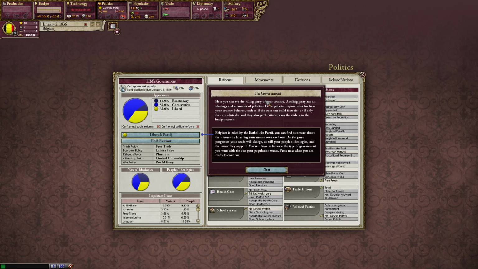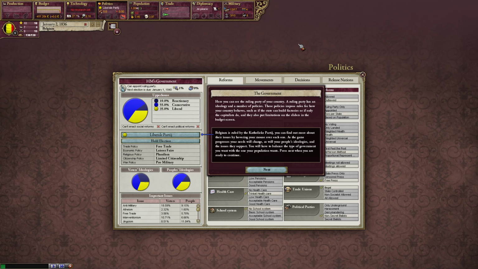Here you can see the ruling party of your country. A ruling party has an ideology and a number of policies. These policies impose rules for how your country behaves, such as if the state can build factories or if only the capitalists do. They also put limitations on the sliders in the budget screen.